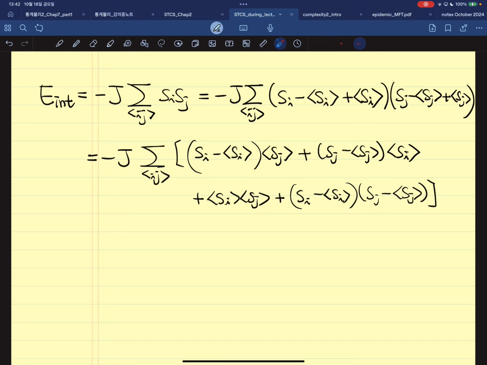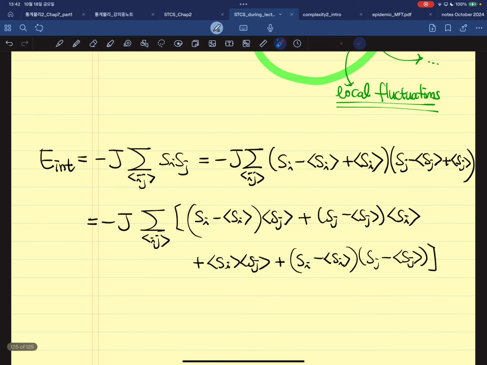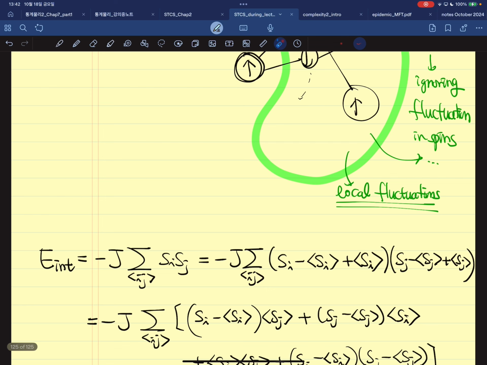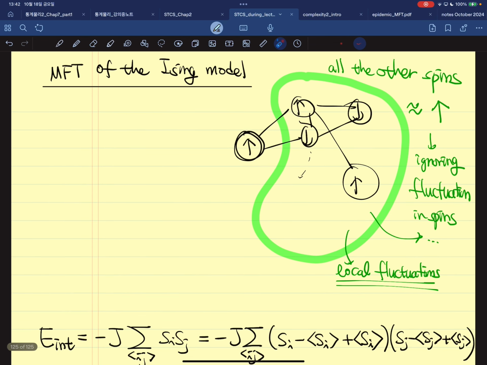The important thing here is getting rid of all the local fluctuation, or getting rid of the identity of each spin.